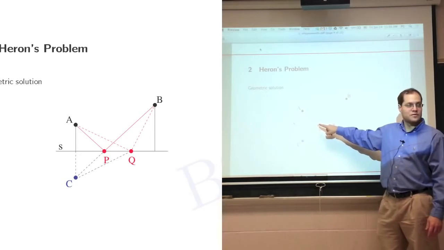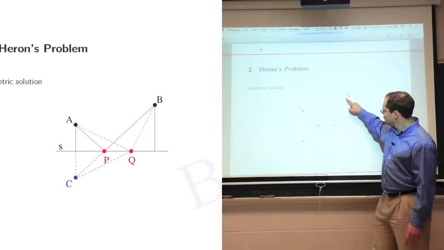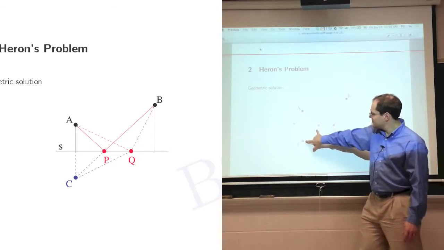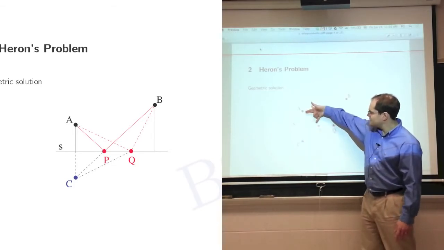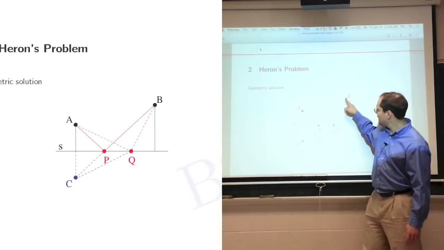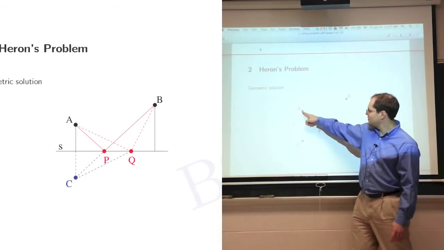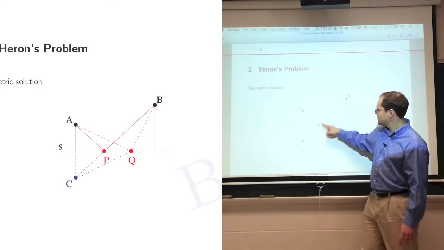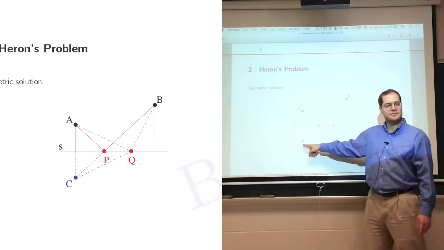And here's the proof. The segment CP has the same length as the segment AP. So the whole path, BPA, is the same as the length of the straight line, BPC.